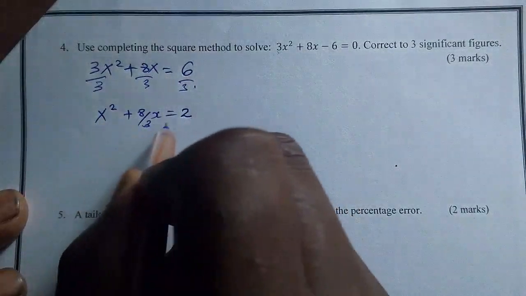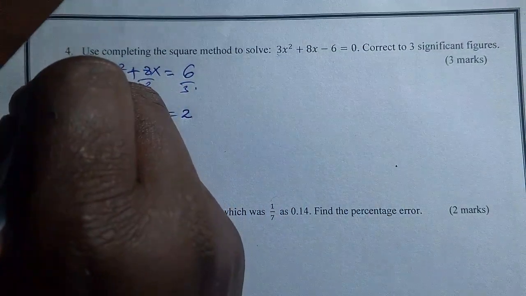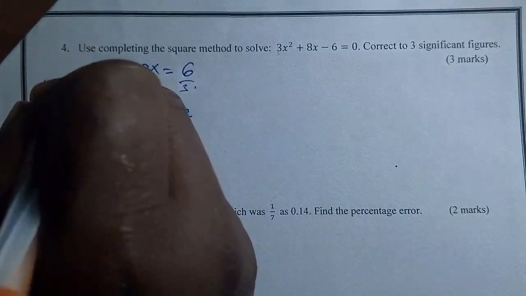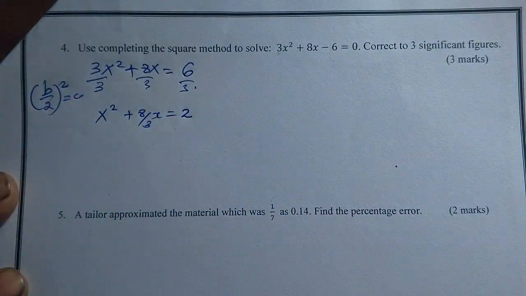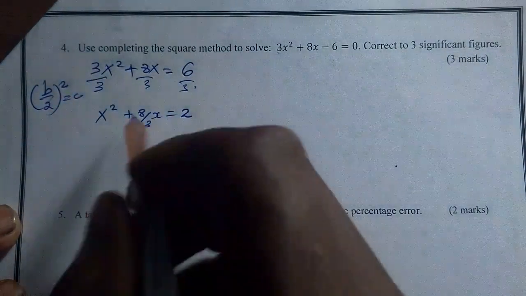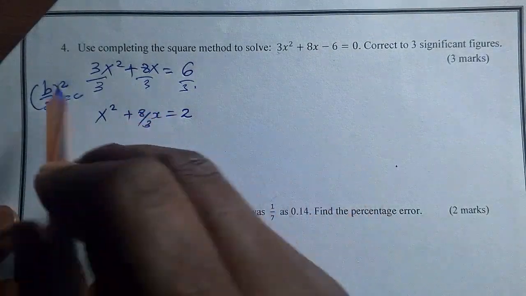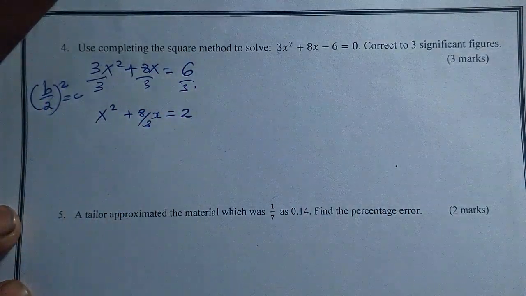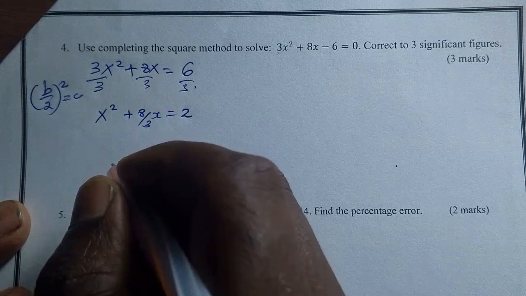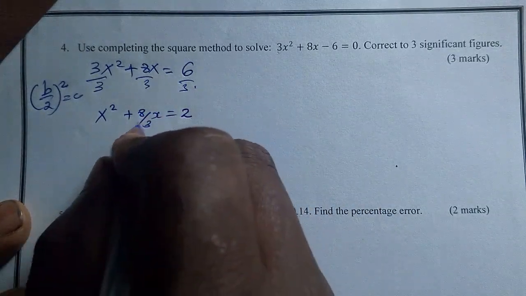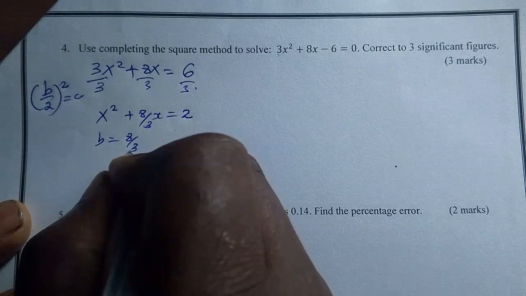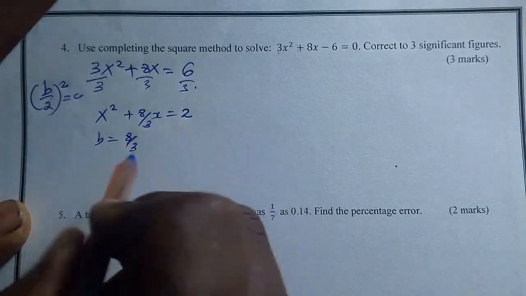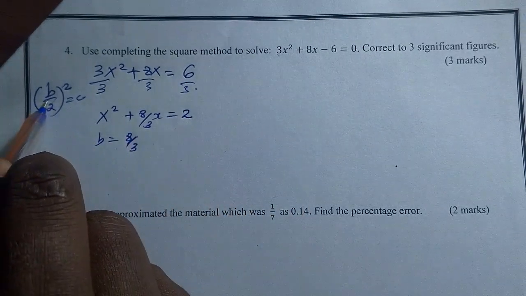Having done this, you need to remember b over 2 squared is equal to c. Remember that? So we need to make this one in this form. Our b is equal to 8 over 3. That is our b. So if this is b, we are supposed to divide by 2, b over 2.